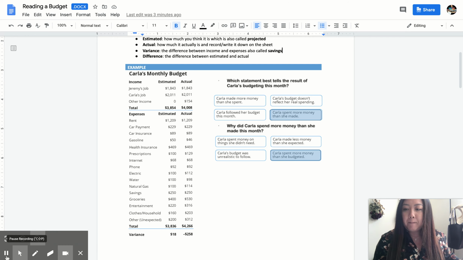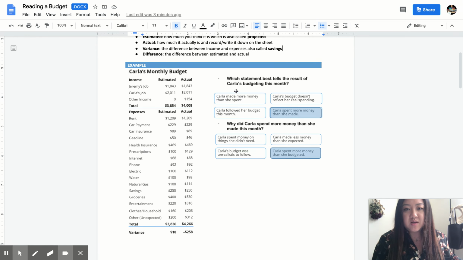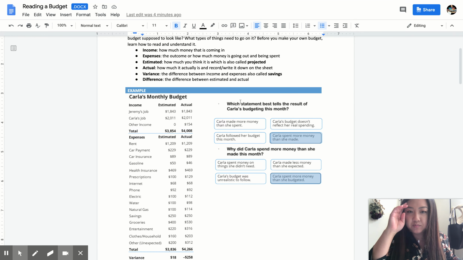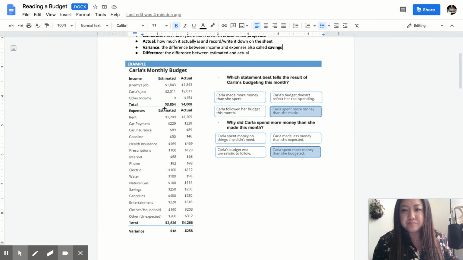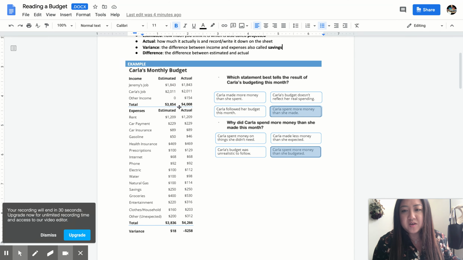All right. Let's go ahead and look at the problems now. These are two examples. It says, which statement best tells the result of Carla's budgeting this month? Well, if you look, she thought that the income would be $3,854, but it was actually $4,008.